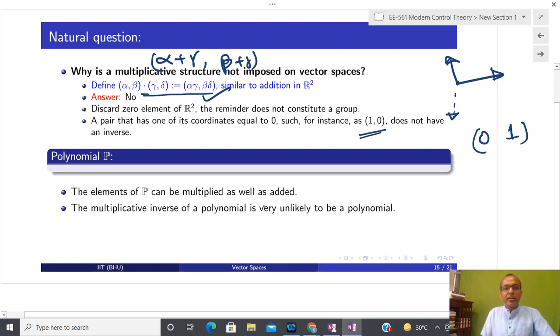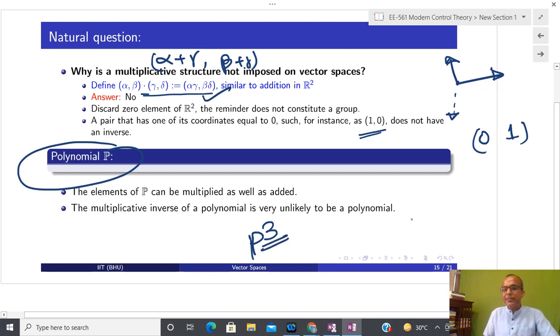Okay, a similar kind of story happens if you take polynomials and apply the multiplication not in the classical way. How are we saying that polynomials form a vector space? Whenever we do multiplication, the operation is only with respect to scalar multiplication. If you do not allow that, suppose you have considered a space of polynomials where the maximum order is 3.